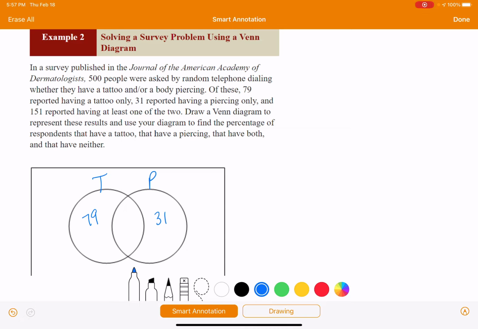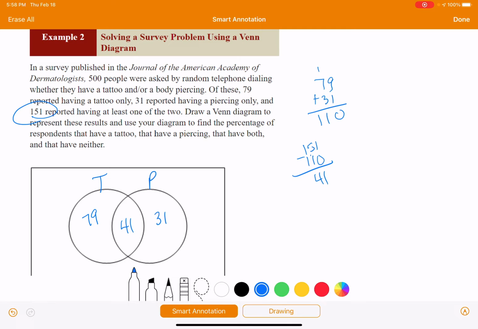That means that when I add all 3 of those parts together, I need it to add up to 151. So I can take my 79 plus 31 and get 110. And then I can subtract that 110 from 151, because that's what it's telling me, and get 41, and that's going to be in my middle.